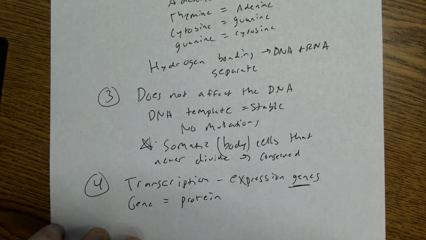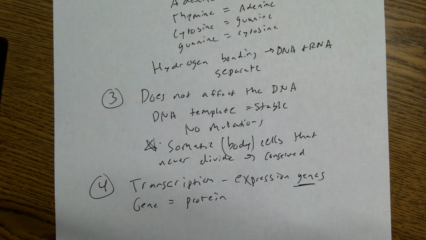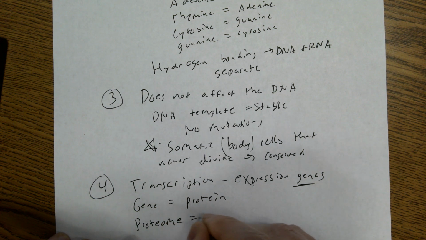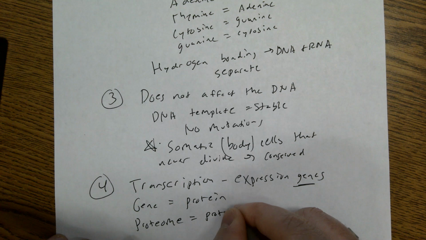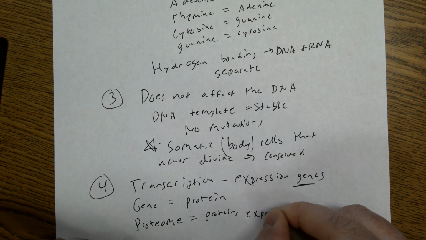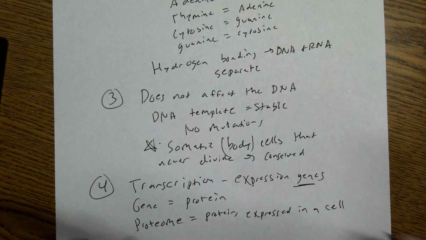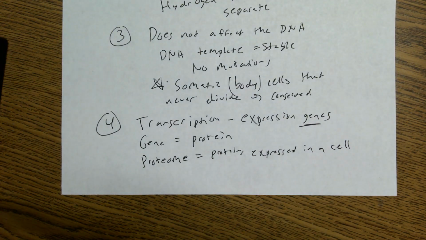Now, not every protein is active in every cell. So we have what's called the proteome, and the proteome is the proteins expressed in a cell. And it's different for different cell types. And so you can imagine, right, your neurons would have different proteins expressed than like a skin cell.